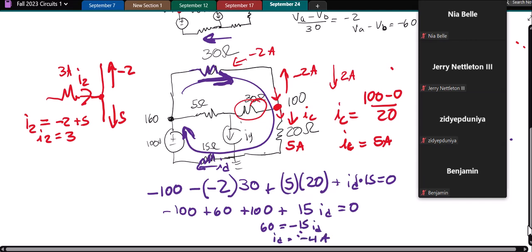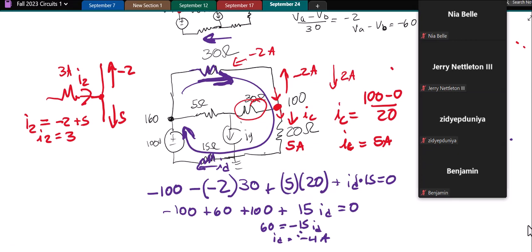Alright, so now I'm in a position to find IG. So let me look at this bottom node right here. At the bottom of this circuit, I have IG this way, I have ID this way, and I have 5 amps coming in. Current coming in has to equal current going out.